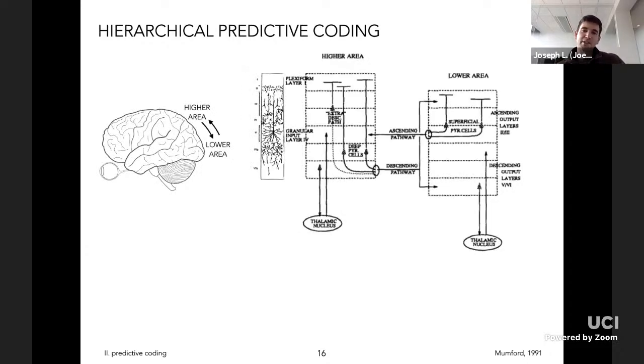He abstracted this out to say we have these higher and lower areas in cortex, which have this layered structure, and each area is communicating down to the thalamus, which we said was kind of the second stop in this pathway. This is the neuron view, and we've abstracted it out to this diagram over here.